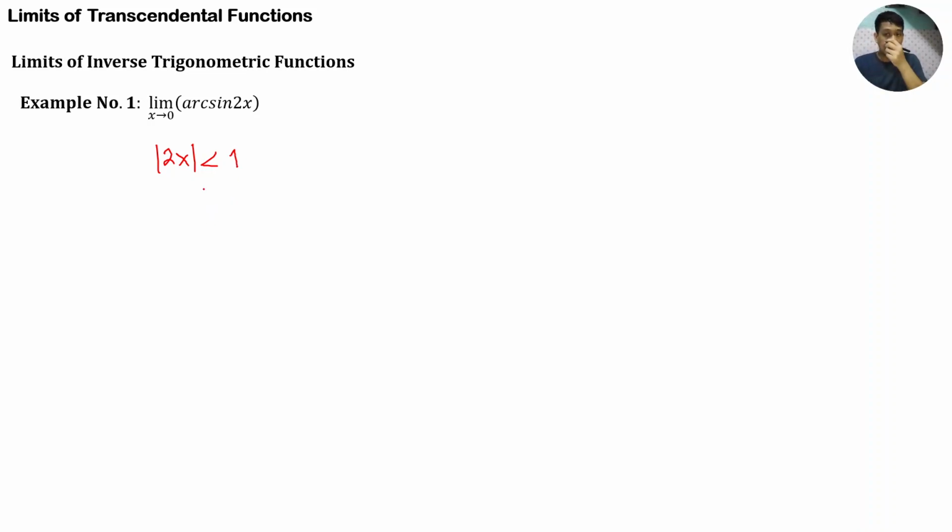So kasi dapat ang ating domain is from negative 1 to positive 1 lamang. So we have here 2x less than or equal to 1 and greater than or equal to negative 1. So ang domain natin is from negative 1/2 comma positive 1/2.